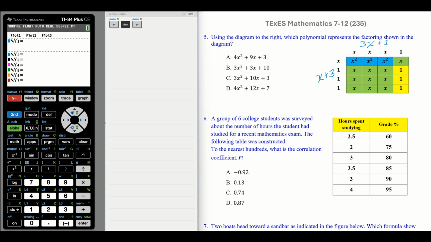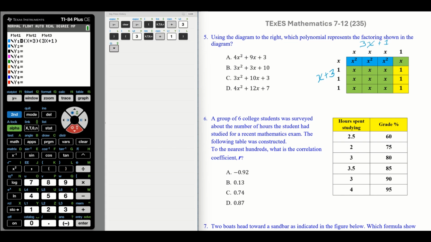Let's put this option in. Well, we already can see what it is, but let's put in parentheses, x plus the 3, okay? Close the parentheses, open the parentheses, 3x plus 1 and close.